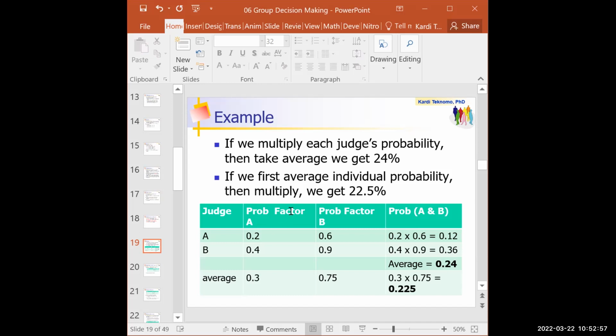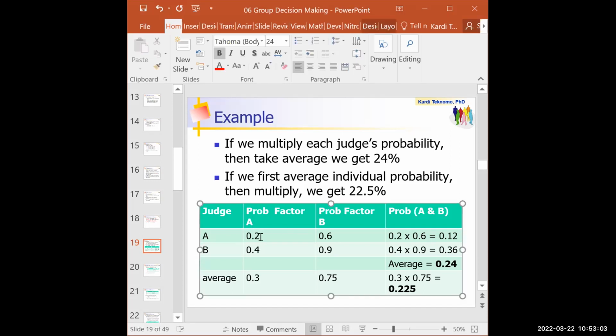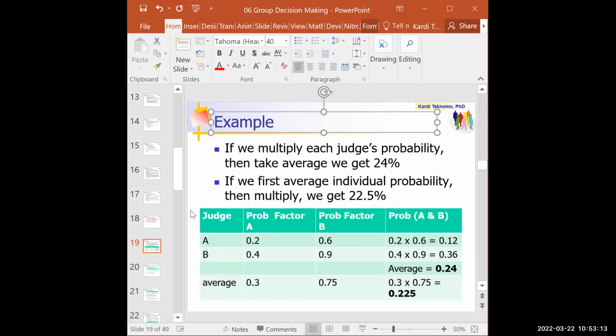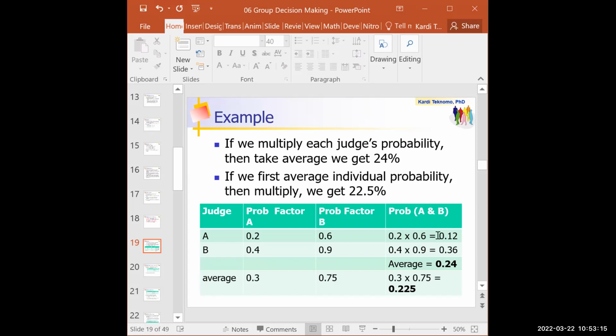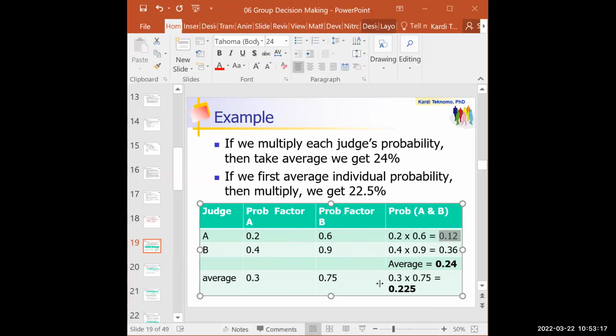Say you have two factors, A and B. Judge A will say the probability is 20% for factor A, and factor B will be 60%. If you multiply, based on judge A alone, it's actually 12%, right? Judge B said factor A contribution is 40%.